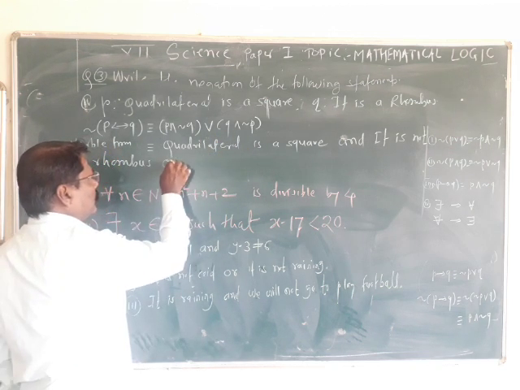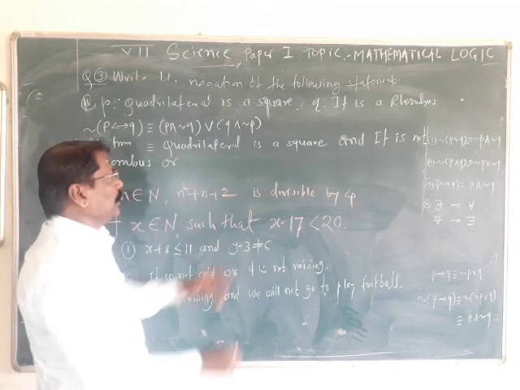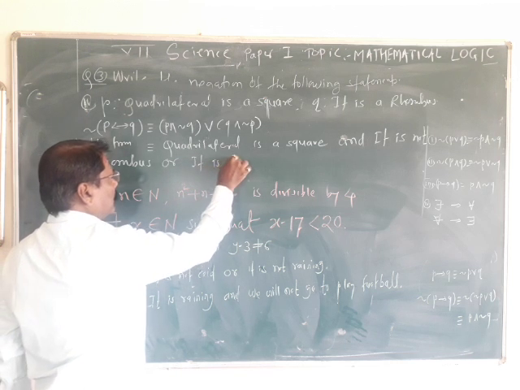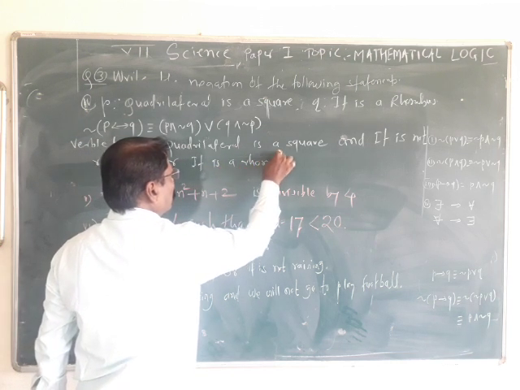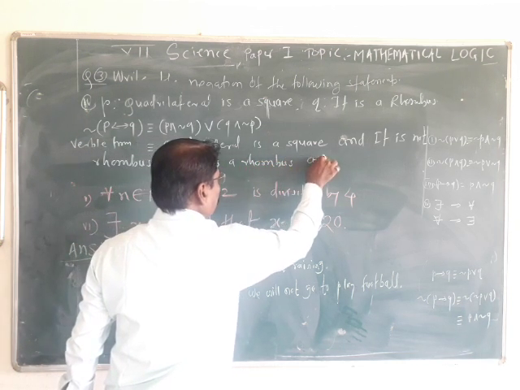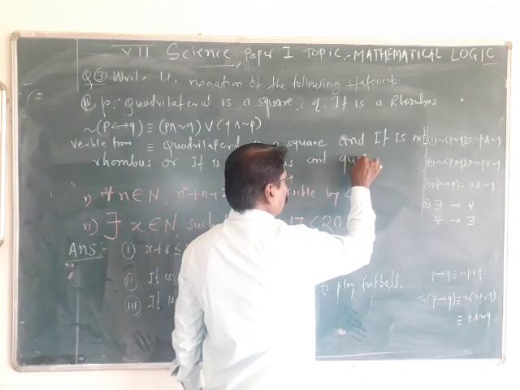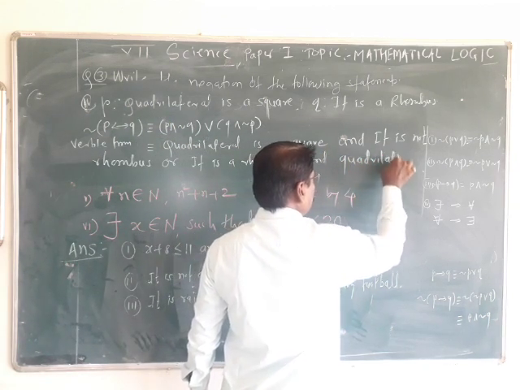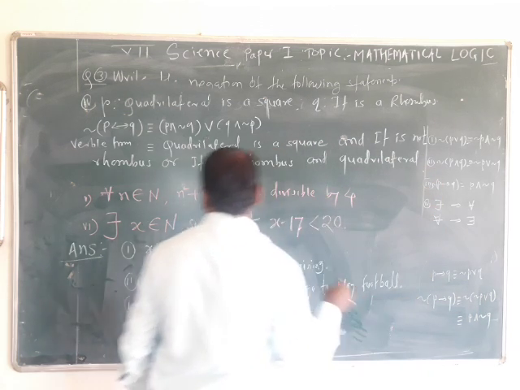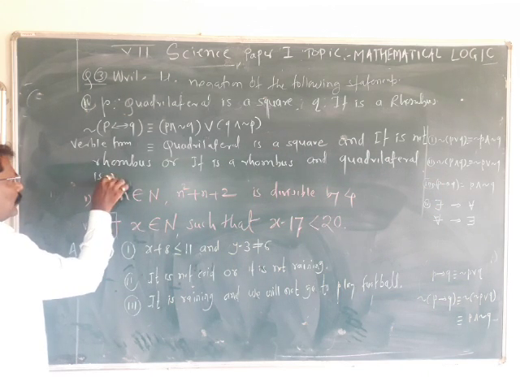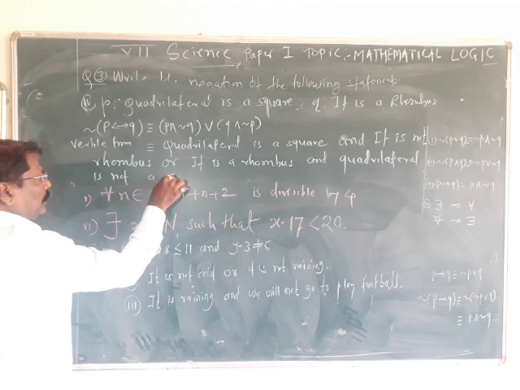Or Q, it is a rhombus and the quadrilateral is not a square.